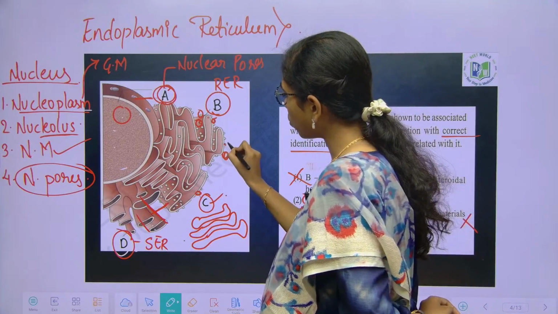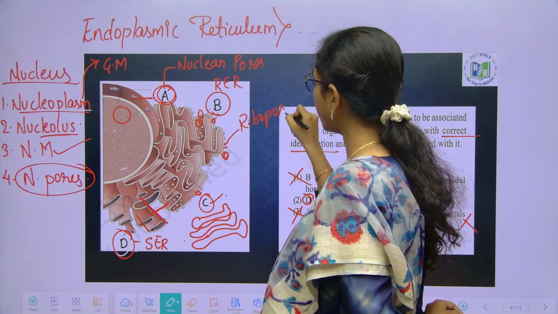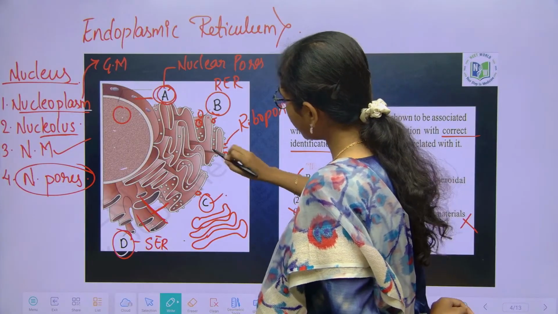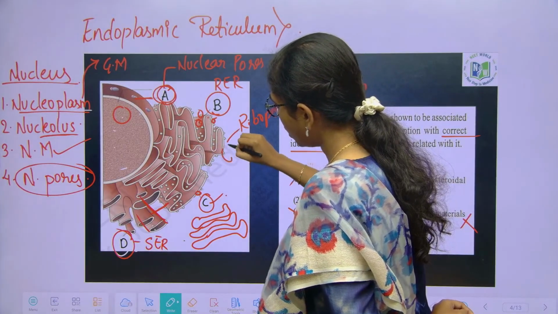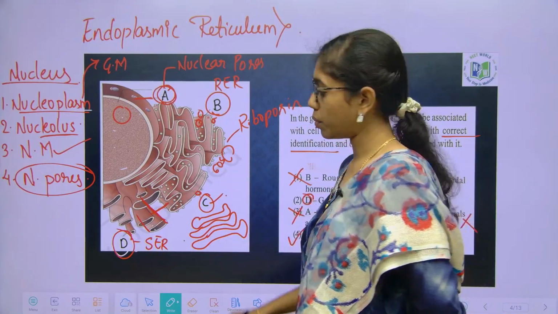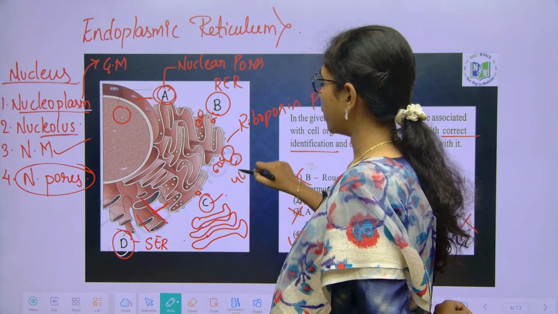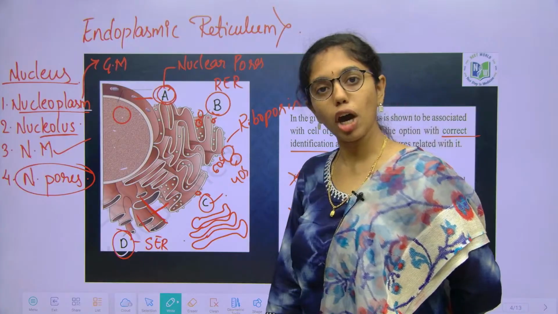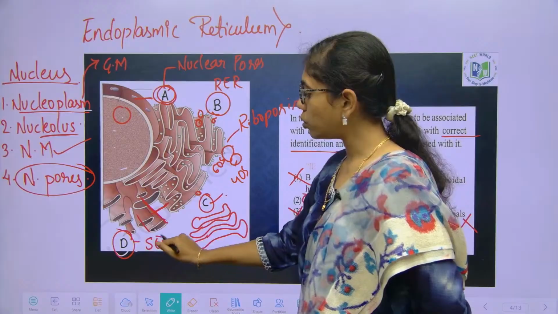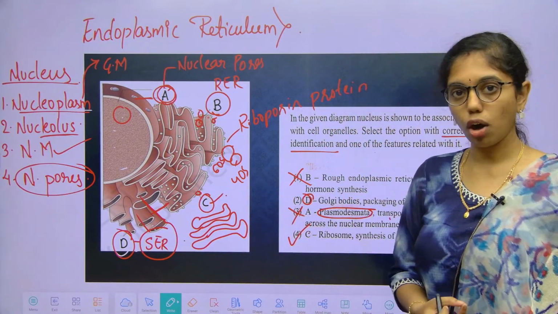This is via a protein called riboforin, where the larger subunit of the ribosome, 60S, the larger subunit of 80S ribosome, is connected via riboforin protein, and these ribosomes are purely involved in the synthesis of what? Proteins.